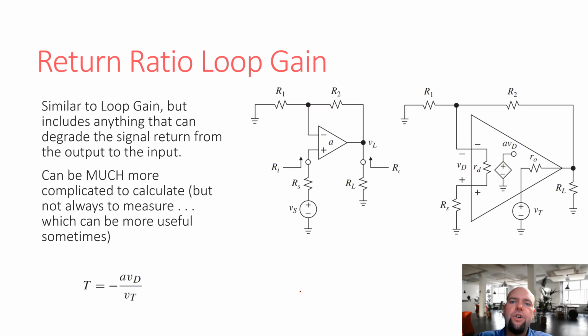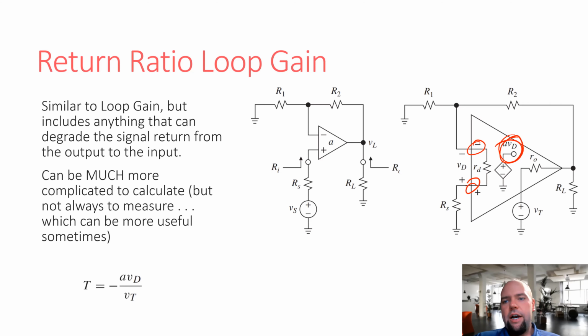But instead of feedback gain, which implies the circuit between the output and the input, we're doing the return ratio, which takes into account anything that can diminish a signal as it goes from here inside the op amp to here across the front of the op amp. Anything that can diminish that diminishes this return ratio.